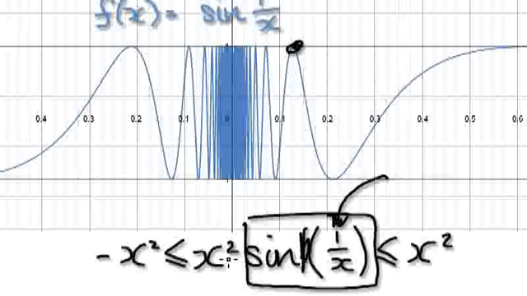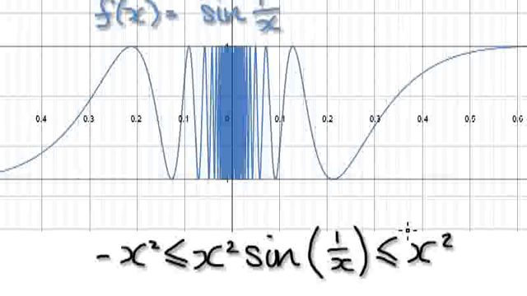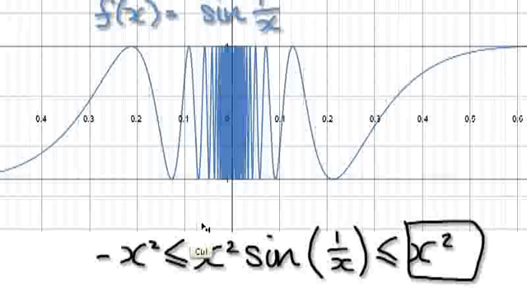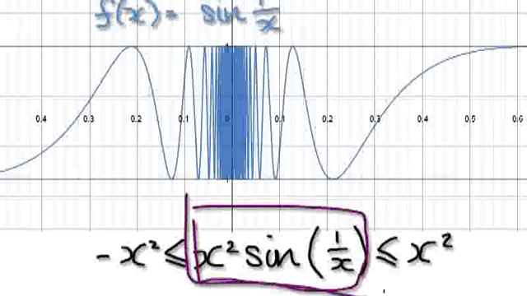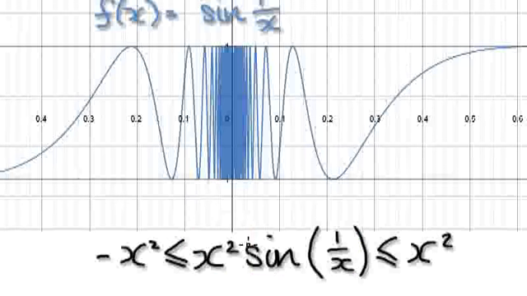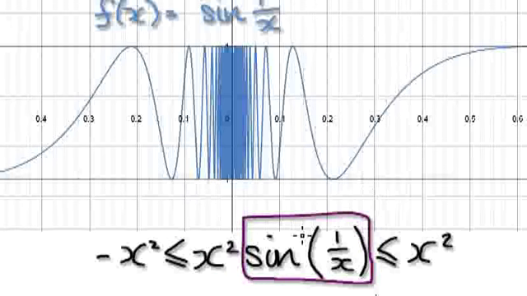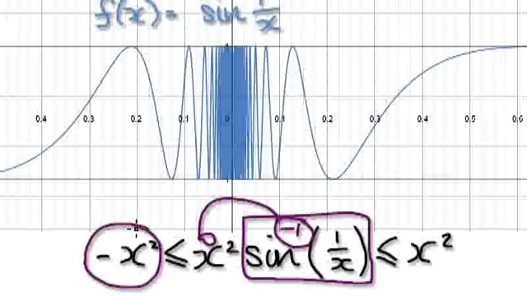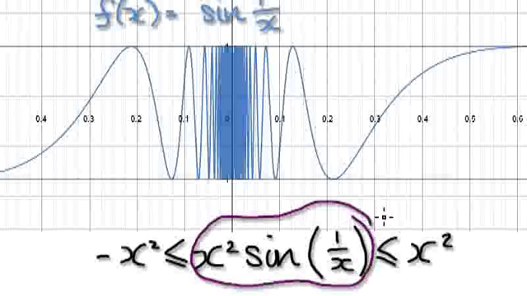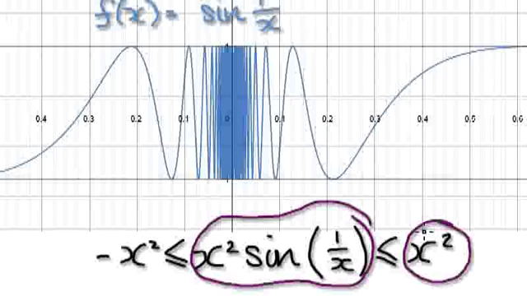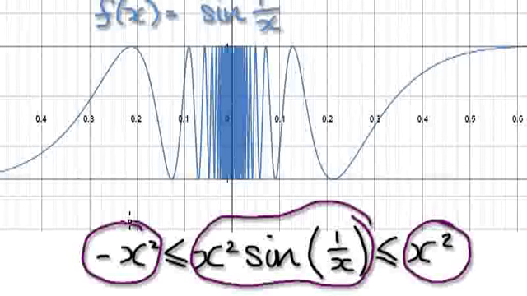So when this is positive 1, then the highest value will be x squared. Now, the lowest value that this whole thing could be is when this thing here is negative 1, and if you get negative 1 times x squared, that will give you minus x squared. My point is that our function, which is this one here, is always being trapped in between this and this.